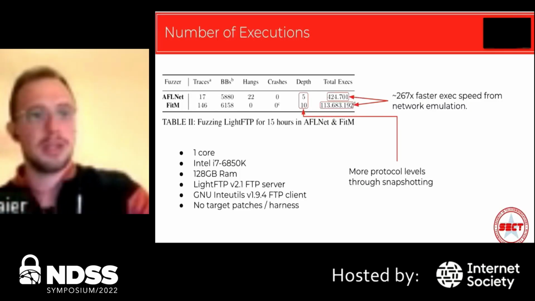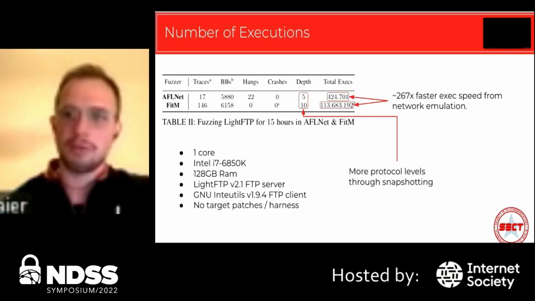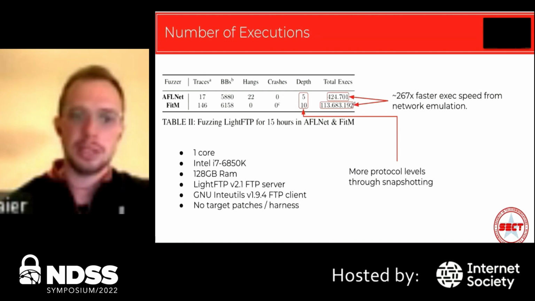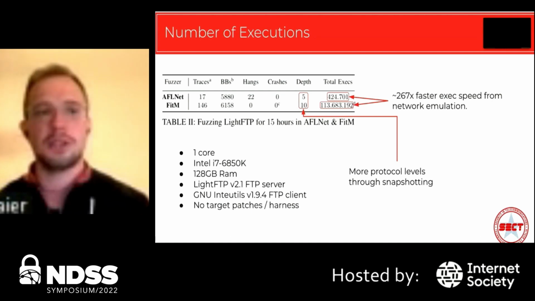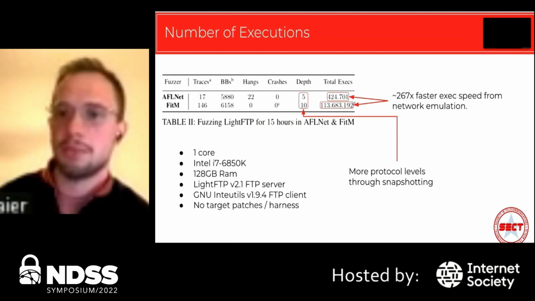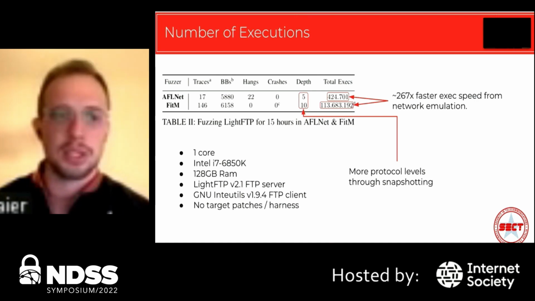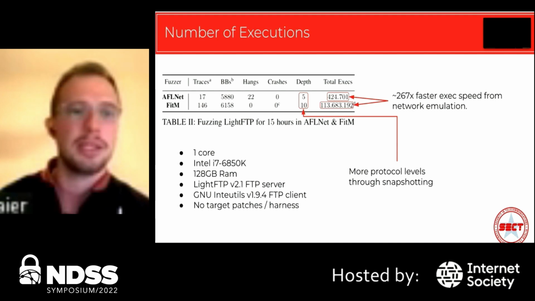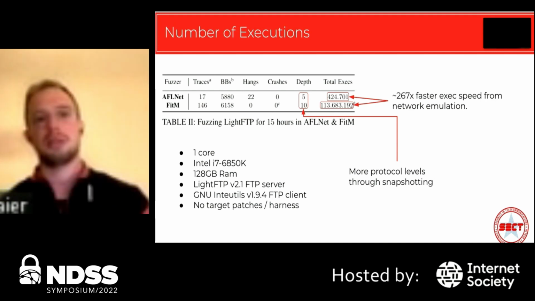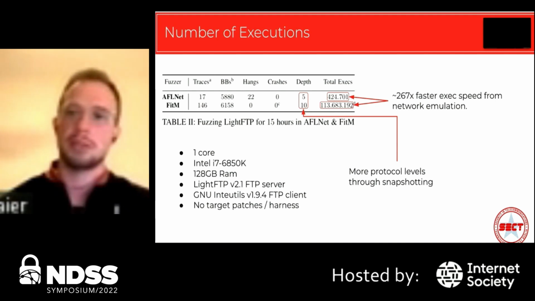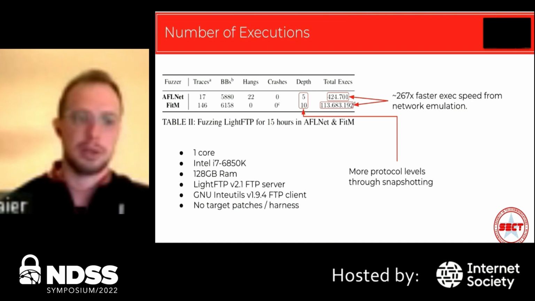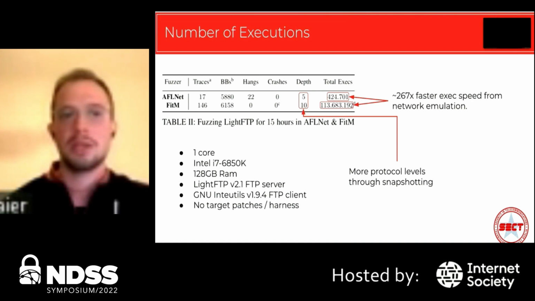For example, we did most of the evaluation using the LightFTP daemon, which is also used by AFL-net, a network fuzzer. And we did most of our evaluation against AFL-net. Here you can see a table that describes our tests for a run between AFL-net and FitM.